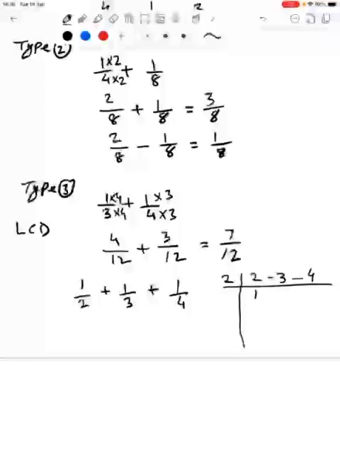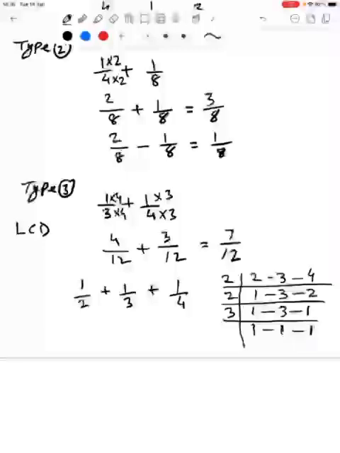So this becomes 1. We can't do anything, leave it as it is, and then 2 2s are 4. And then divide with 2 again, this remains 1, and this will remain 3 because 2 can't change that. And then this will become 1, 2, yeah? And then this time now divide by 3. This is already 1. Now this has become 1, and that is already 1.